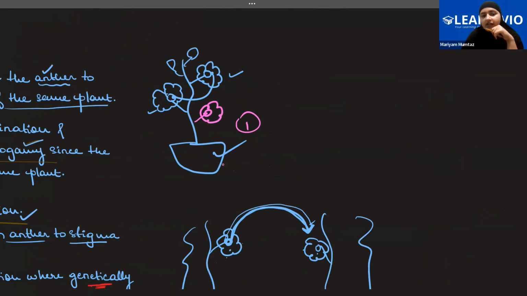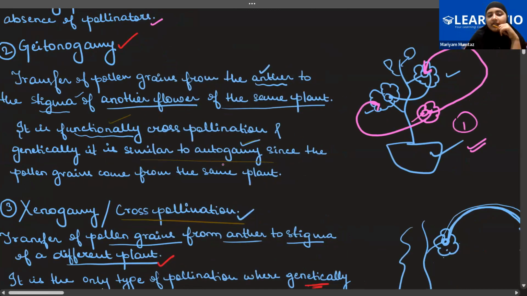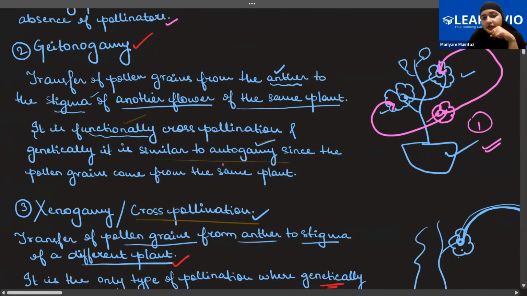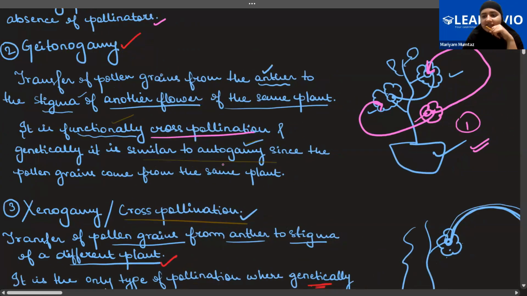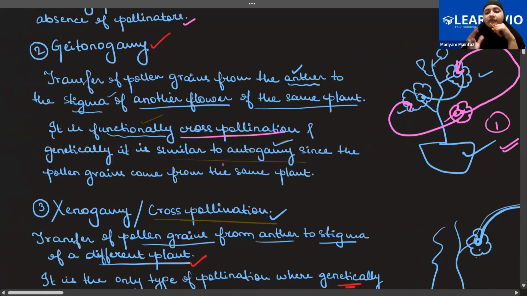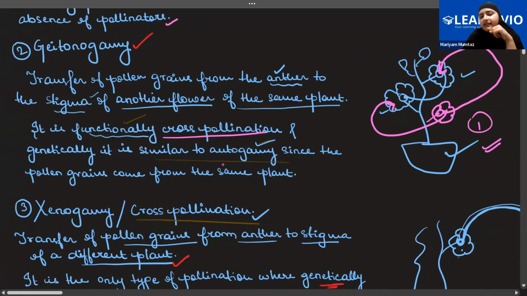So when the pollen grains are transferred from this flower to here, or from this flower to here, we call it geitonogamy. But the plant is the same. Remember this. So it is functionally cross-pollination. It looks like cross-pollination, but it is very similar to autogamy. It is a form of self-pollination only because the plant is the same.